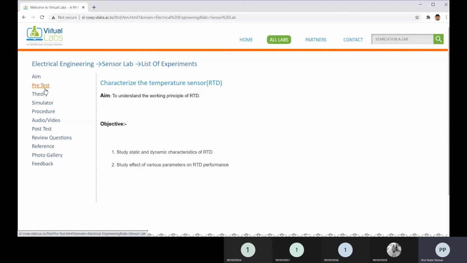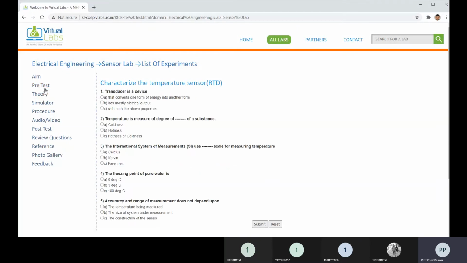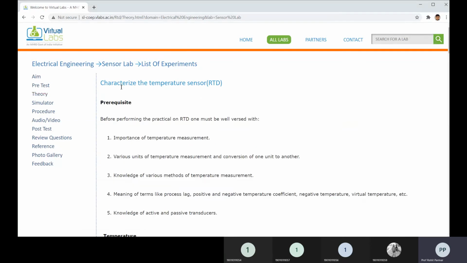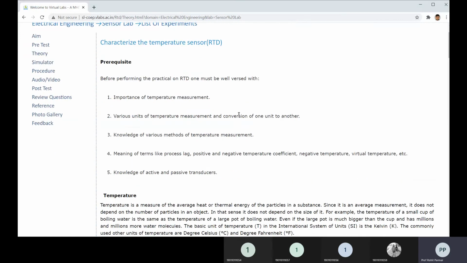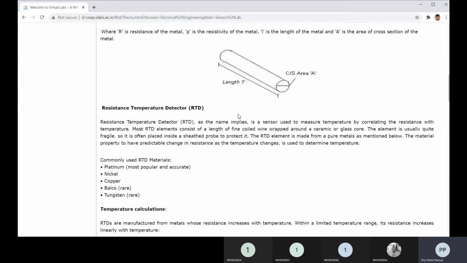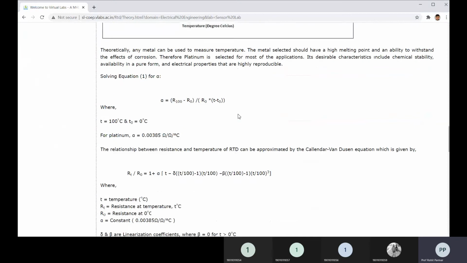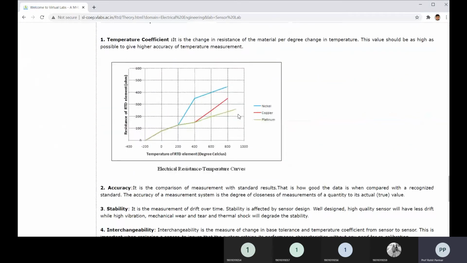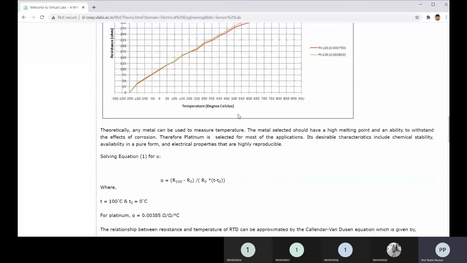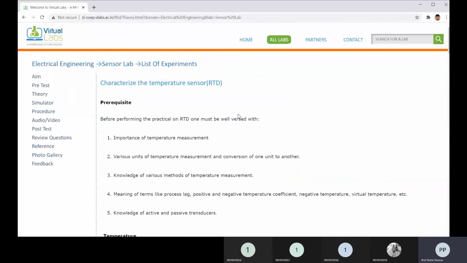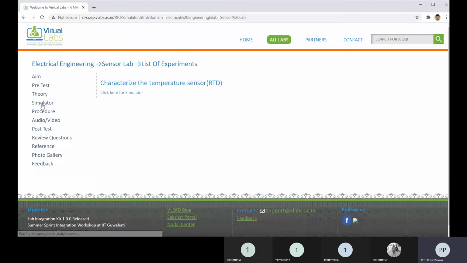Here a pre-test is given, a few small questions related to transducers and temperature measurement, so you can take that quiz. Theory and prerequisites I have already covered in the PPT. Now moving towards the simulation part, I'm clicking on the simulator.